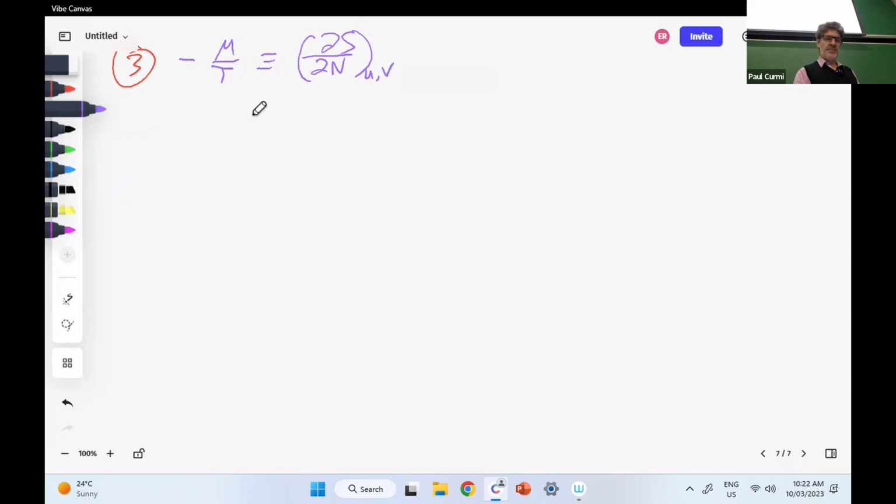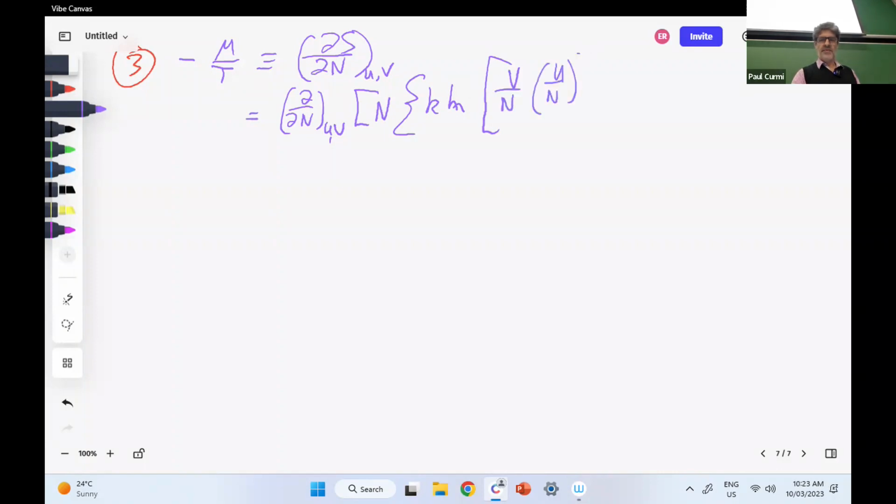Okay, so let's multiply that out. That's the partial derivative with respect to N, U and V constant, of, I'll write it this time, N k ln of V over N, U over N to the 3/2, plus some constant.